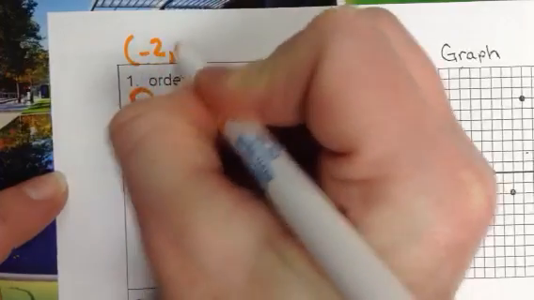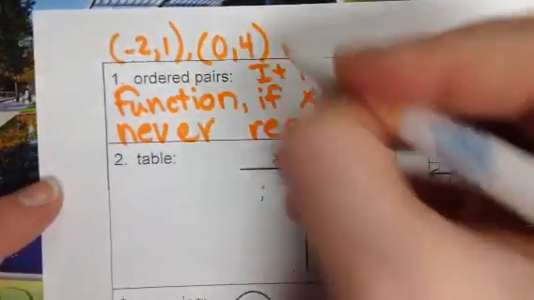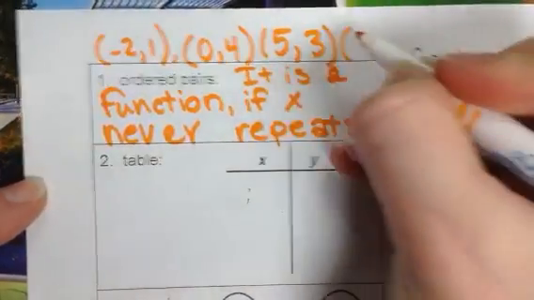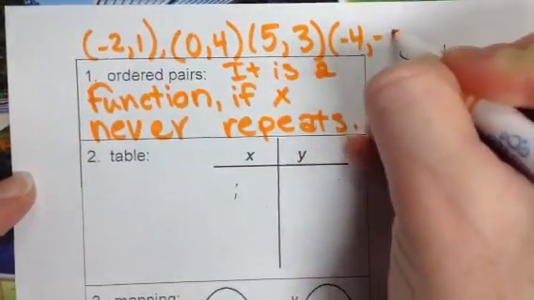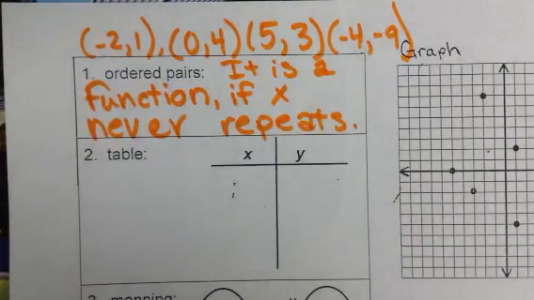So -2, 1, write it like an ordered pair in parentheses. 0, 4, 5, 3, -4, -9. Whenever y'all are working a problem and you have to decide if it's a function, you only need to look at the x's.